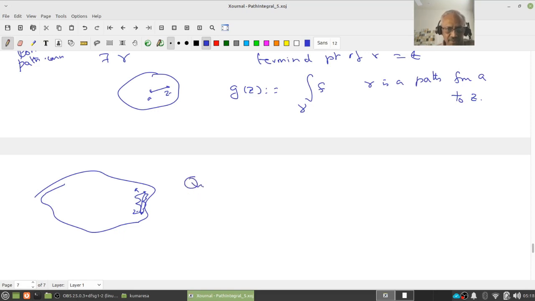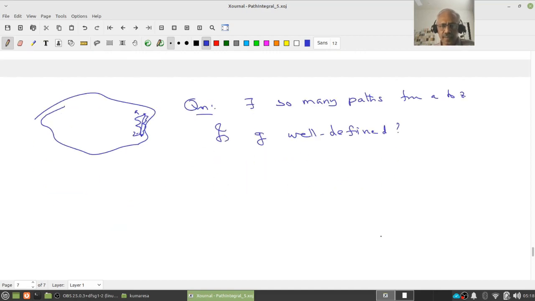So the question is, there may exist so many paths from A to Z. Is G well defined? That's the first question. Now suppose gamma and sigma are paths from A to Z. Then let's look at sigma tilde, the reverse path.